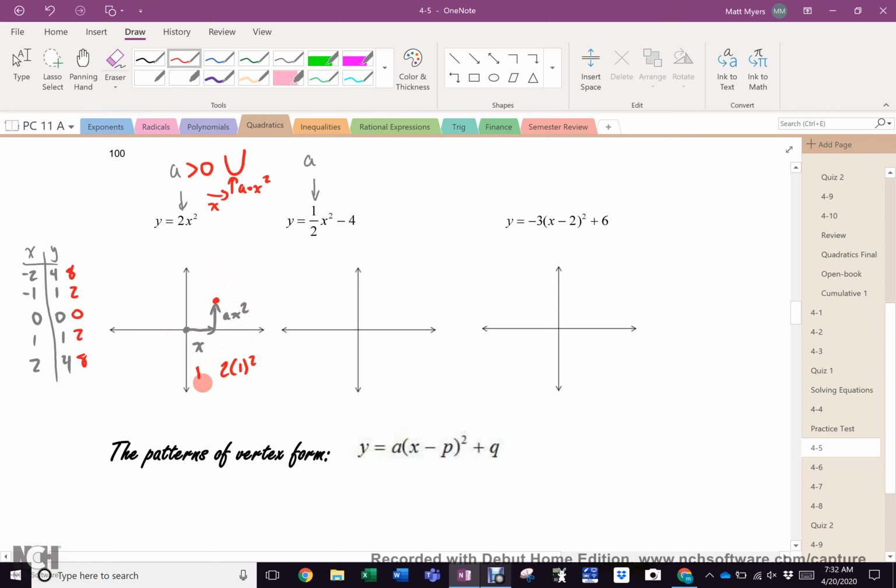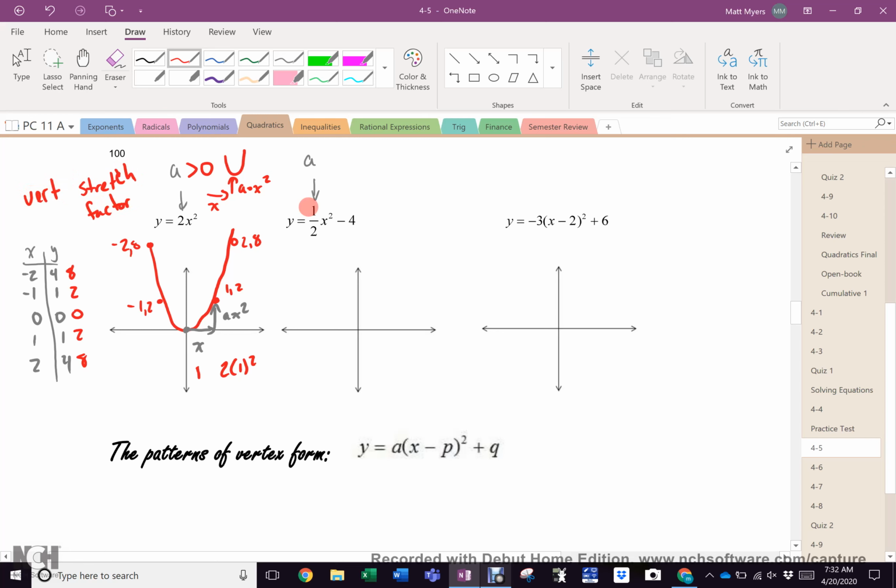Then over 2 up 2 times 4 is 8. So this is now 1, 2, and this is now 2, 8. And then, of course, over here, negative 2, 8, and negative 1, 2. So A is also a stretch factor. I'm going to say a vertical stretch factor.